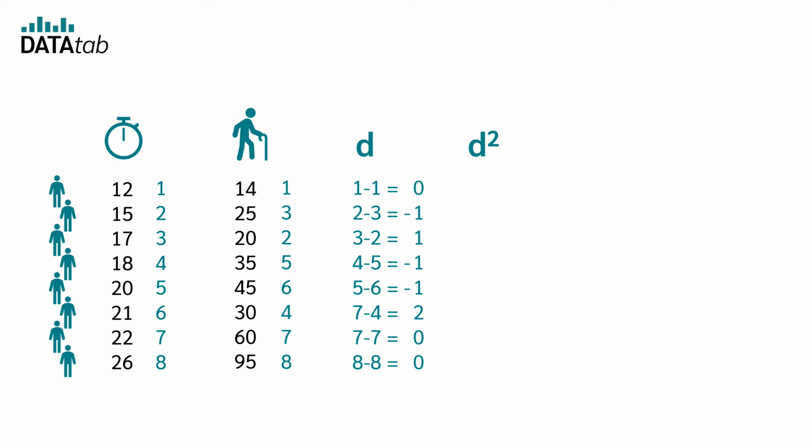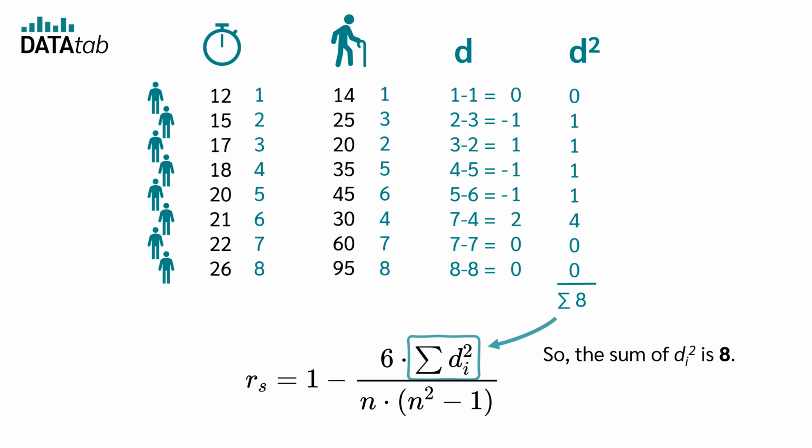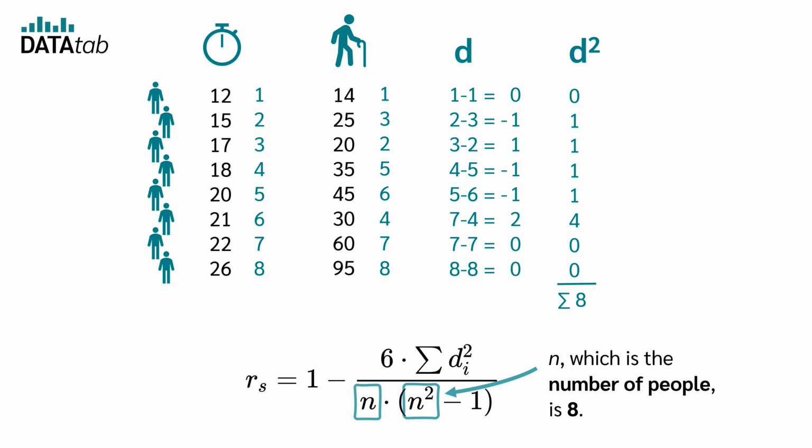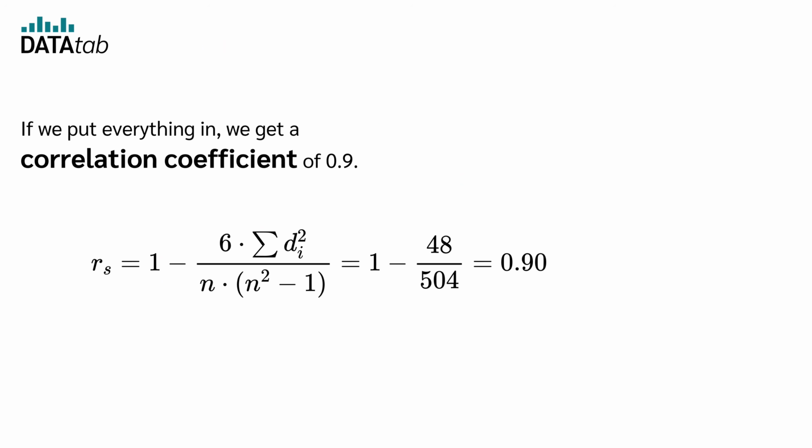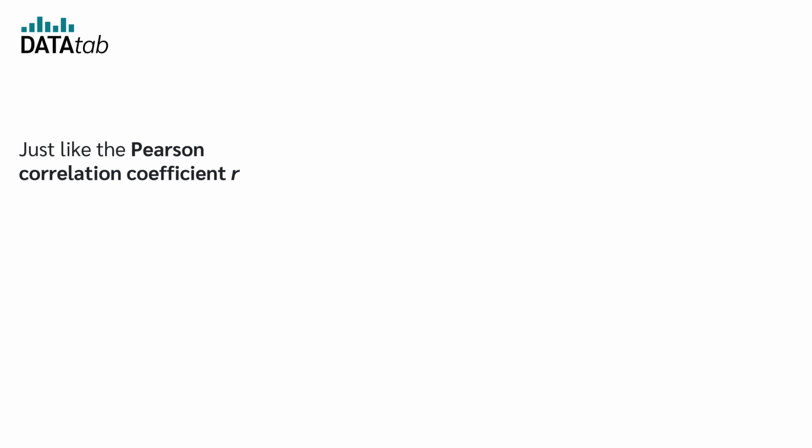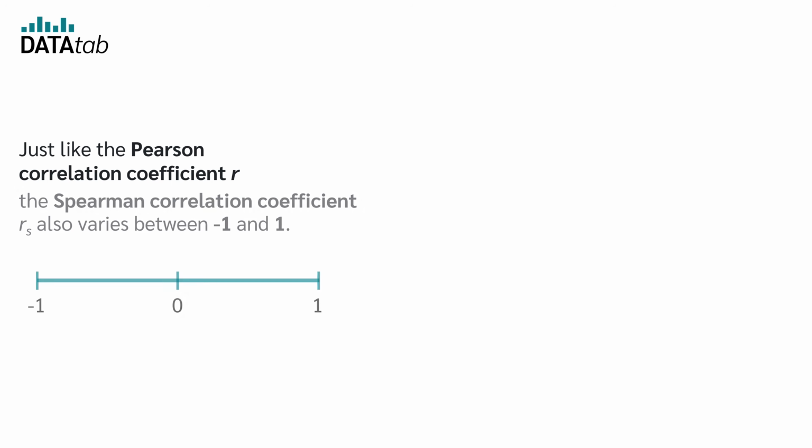Now we square the individual D's and add them all up. So the sum of Di squared is 8. N, which is the number of people, is 8. If you put everything in, we get a correlation coefficient of 0.9. Just like the Pearson correlation coefficient R, Spearman correlation coefficient RS also varies between -1 and 1.